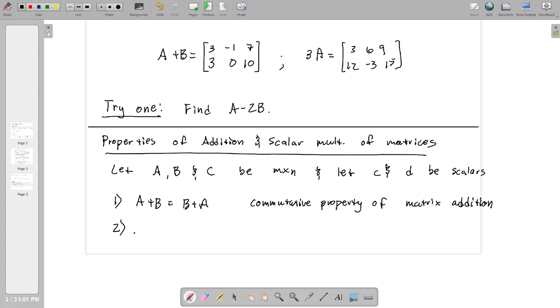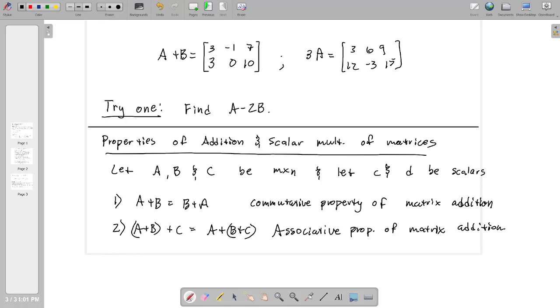2, A plus B plus C is equal to A plus B plus C, grouped differently. This is the associative property of matrix addition. Same as the associative property of regular addition, insofar as we can add the respective elements in any order.